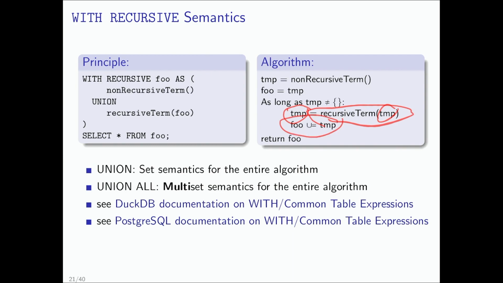Foo will be your final result. So you keep on looping while the recursive term is returning data, and only if that recursive term doesn't return any data anymore, you break the loop and return what you assembled in foo so far.